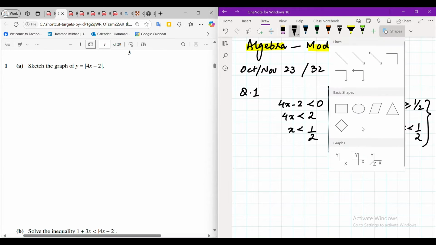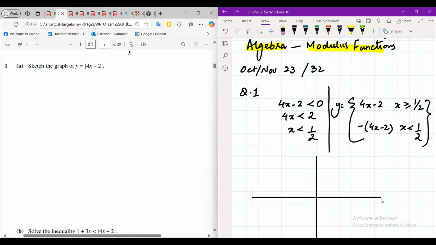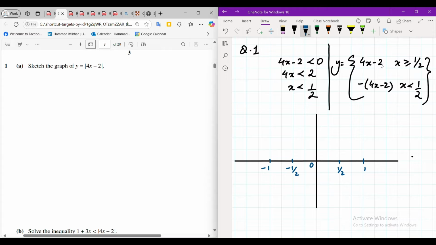Okay, so when we draw this, somewhere we have 1 over 2, minus 1 over 2, minus 1, 0. For one of them the y-intercept is minus 2, and for the other one it will be plus 2.